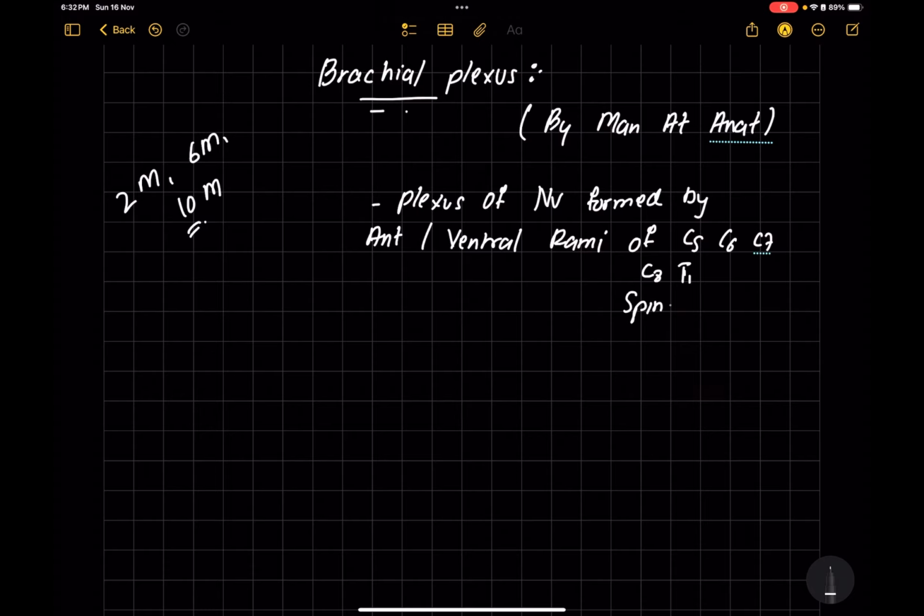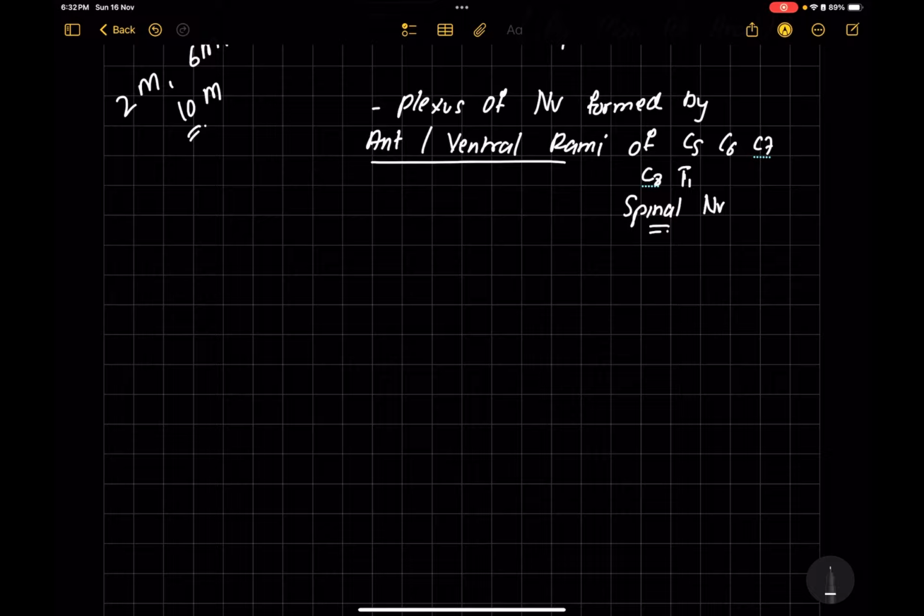Now one thing you would have to understand here is what is anterior or ventral rami, because I have seen a lot of students just mugging up this word. They do not know what rami is. So let's see that we have a cross section of spinal cord.